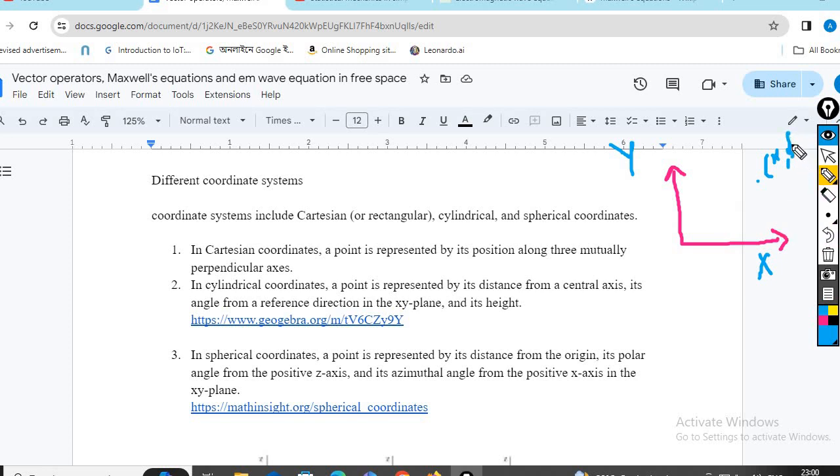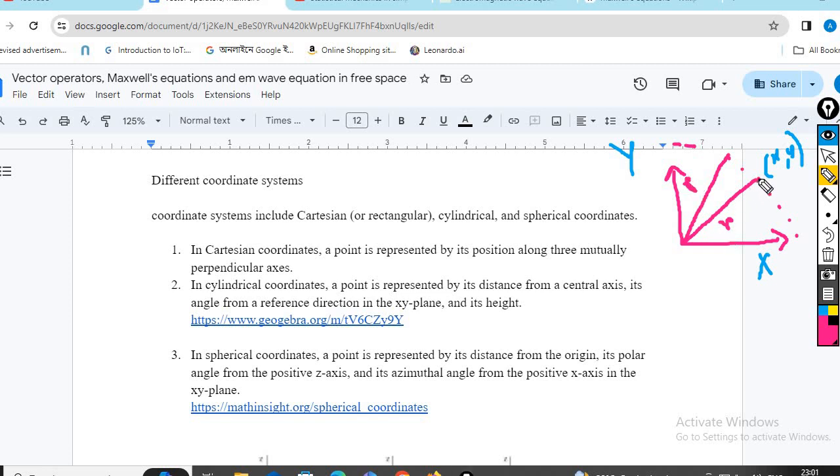Now this object can move on this surface. Just imagine you have this point and it is moving like this. After some time it has moved. So we need to think about this distance. The initial point was this, and the distance r is fixed.